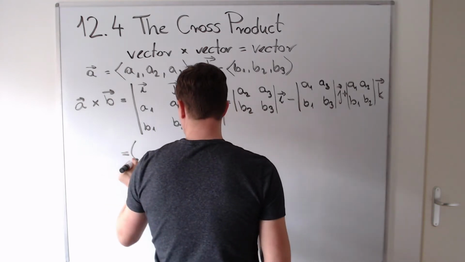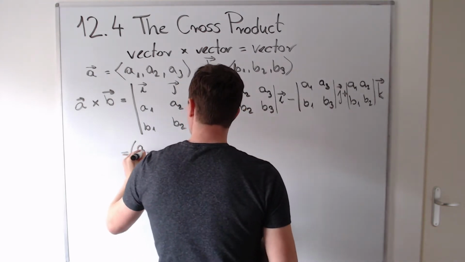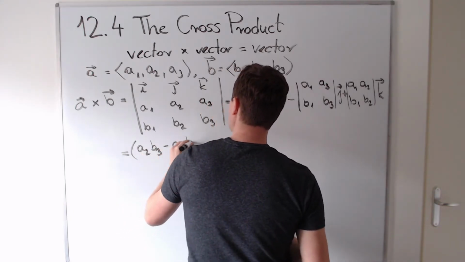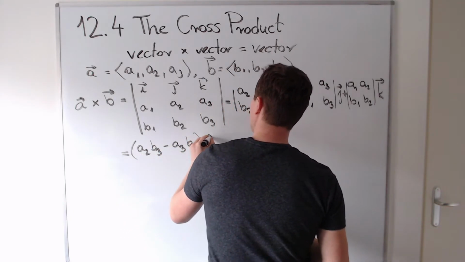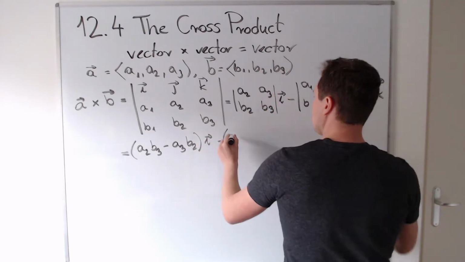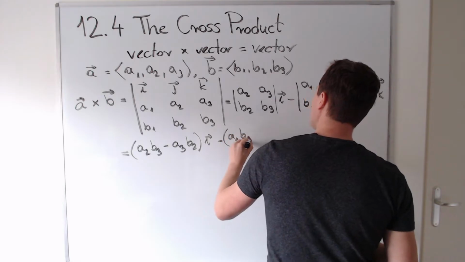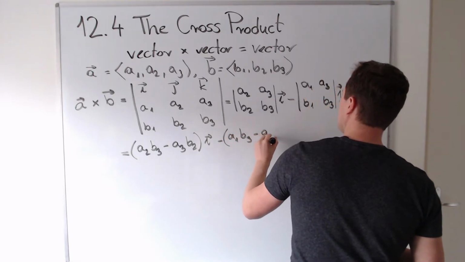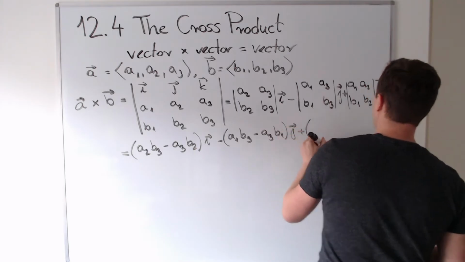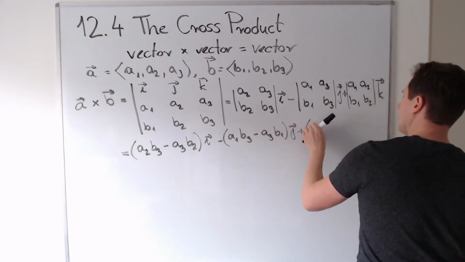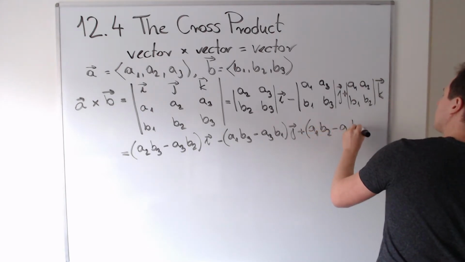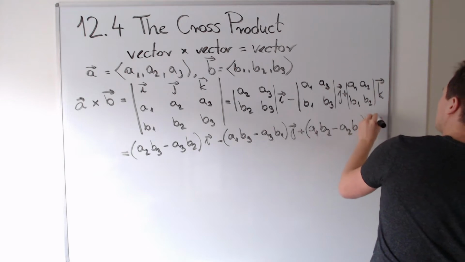So this is why we get A2 B3 minus A3 B2 times i, minus A1 B3 minus A3 B1 times j, plus A1 B2 minus A2 B1 times k.